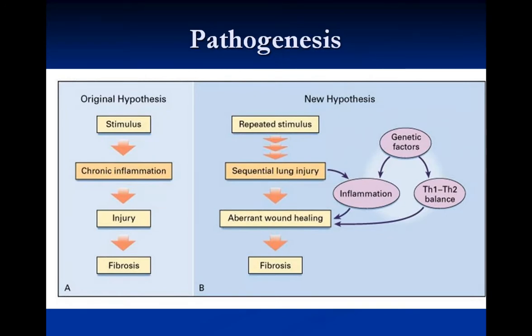This predominant TH2 response, along with more and more fibrogenic mediators, will cause extensive fibrosis, leading to extensive destruction of the lung architecture.